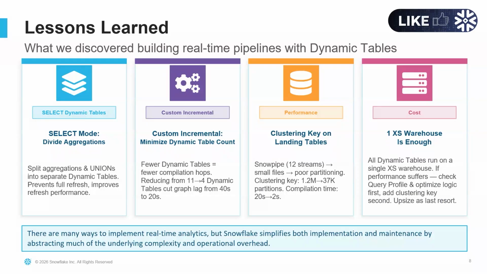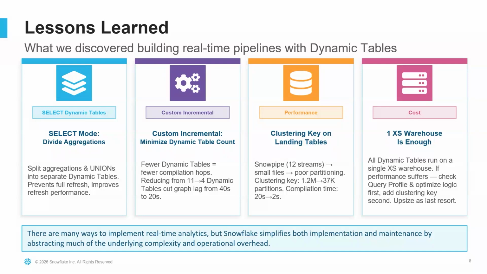Regarding performance, our landing table was poorly partitioned for these Kafka events. And after 2 years of collected data in 12 streams, this one was the legacy Snowpipe, by the way.